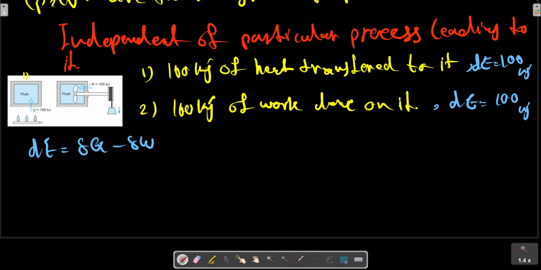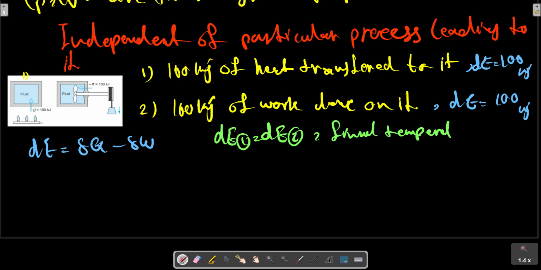The change in internal energy is the same, dE1 equals dE2, and the final temperature is the same.